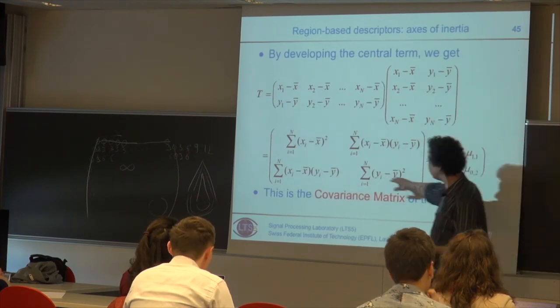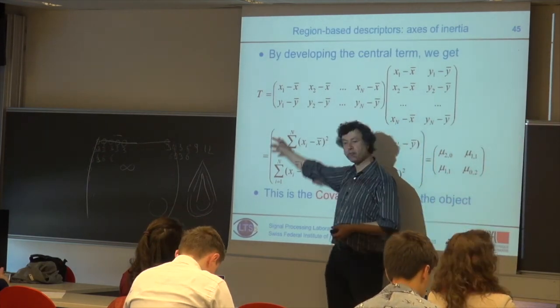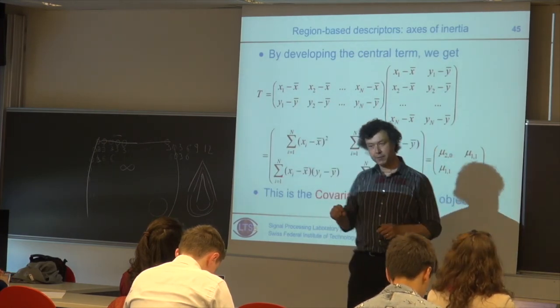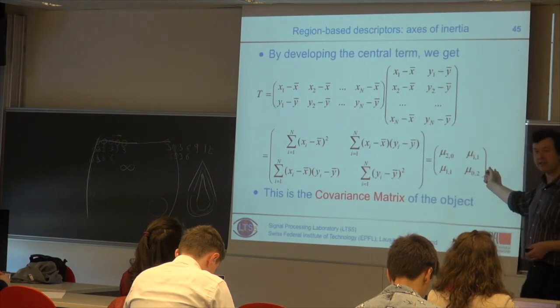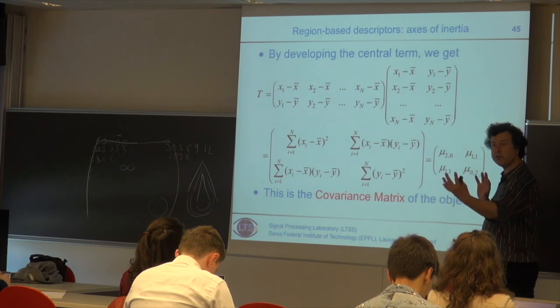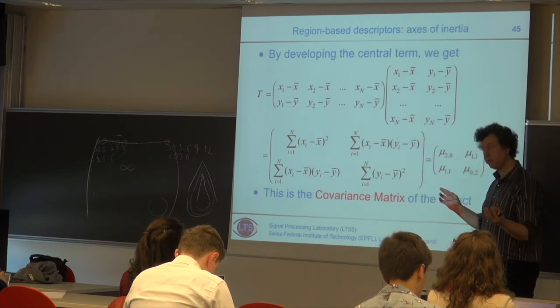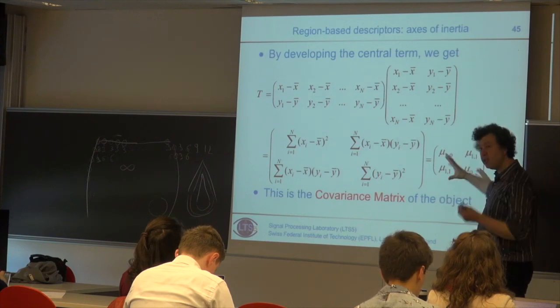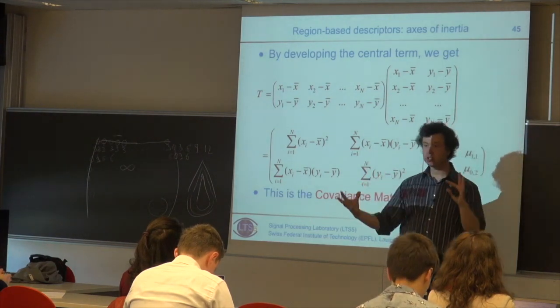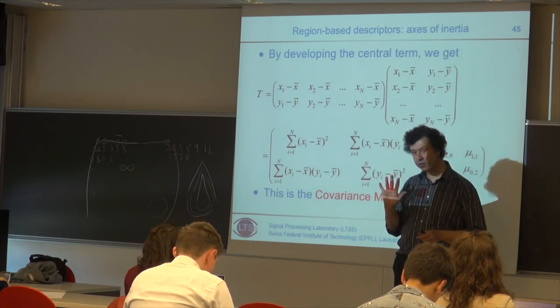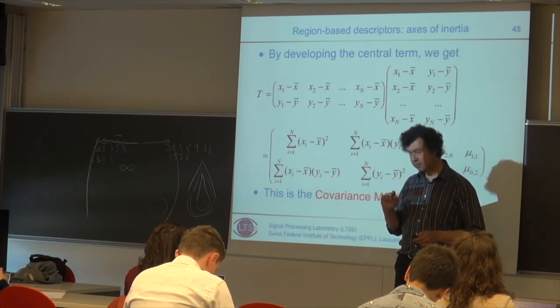It's the sum of millions of points that give me only an estimation of the variance of the object along x and y. The covariance matrix of an object is 2 by 2 because the object is 2D. If you have a 3D object, it will be 3 by 3, even if you have millions of points. So the covariance summarizes the distribution of the shape of the 2D object, independently of how many points you have in your object. Okay.